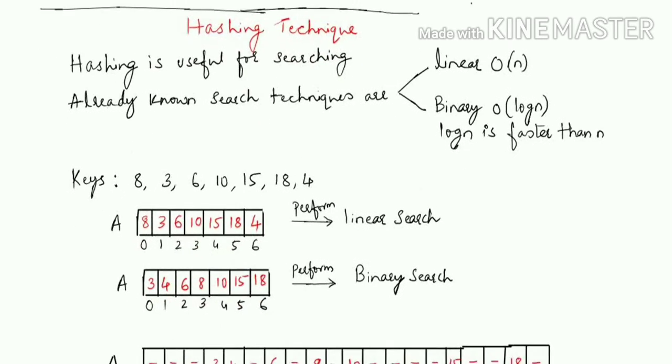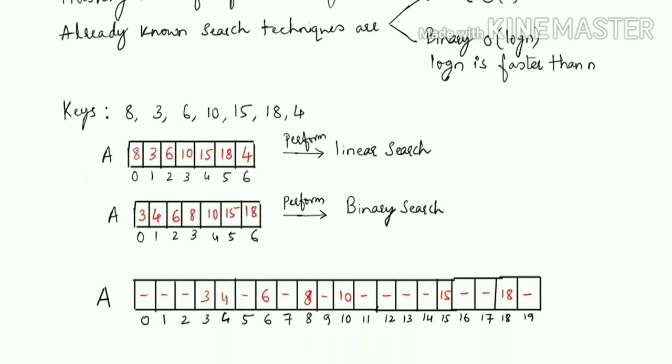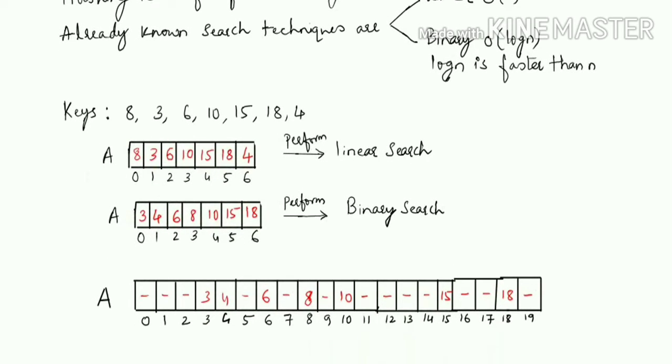So here we have an example, where we have taken some keys, for example 8, 3, 6, 10, 15, 18 and 4. The size is 7, so the length of the array is 7, that is 0 to 6.